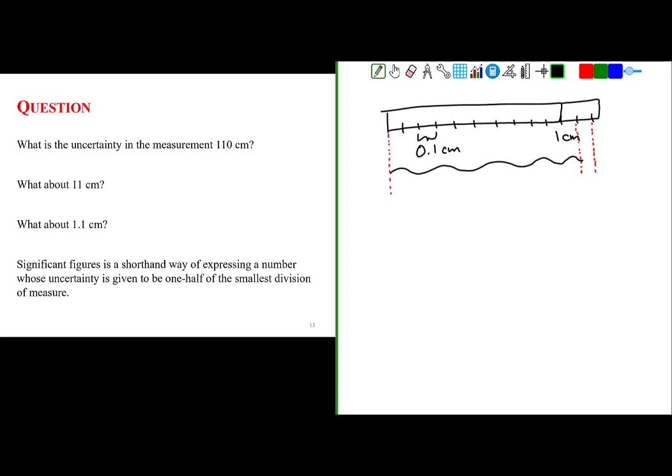Here, I think you and I can estimate the length of this measurement to the nearest millimeter. Our smallest division of measure is the millimeter, and in fact, I bet we can estimate to the nearest half of a millimeter. This looks closer to 1.1 centimeters than it does to 1.05 centimeters. This looks closer to 1.1 centimeters than it does to 1.2 centimeters.